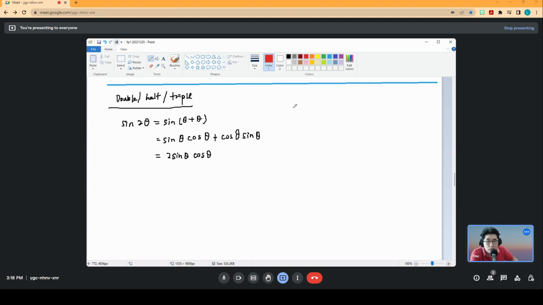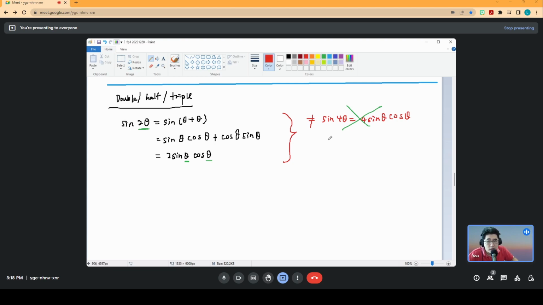Please understand that some students will be mistaken and say that sine 4 theta equals 4 sine theta cos theta. It doesn't work like that. This is totally wrong, because in the formula the relationship between the angle on the left and on the right is double and half, but the structure of 2 sine and cos is the same.